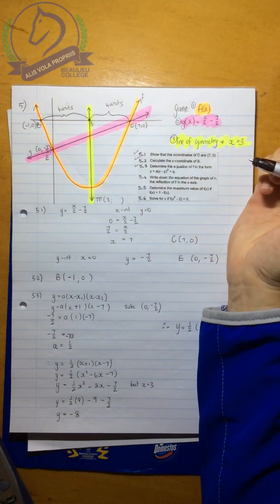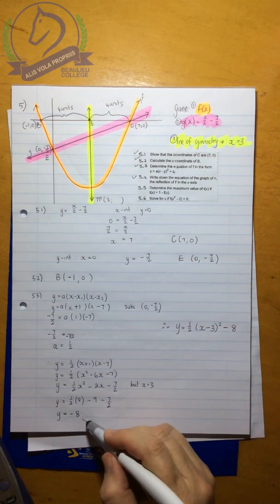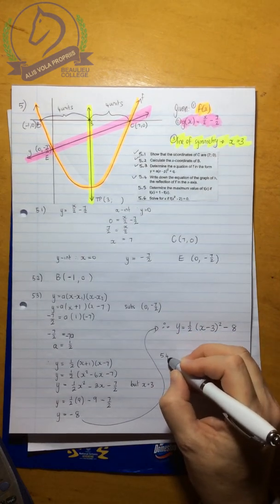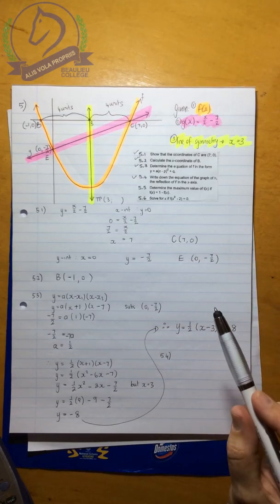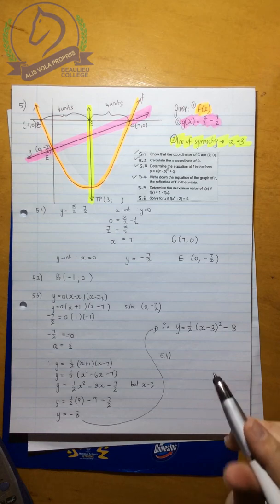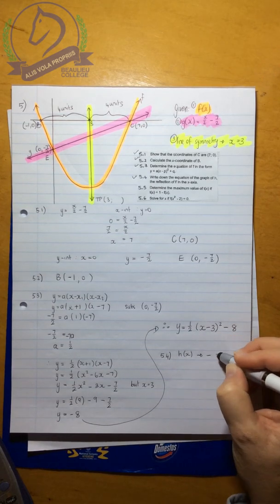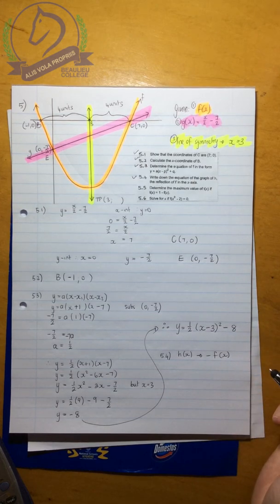Write down the equation of graph H, which is the reflection. So 5.4, H is the reflection over the x-axis. Now if I have x, it's going to involve every one. So I need to times it by a negative.